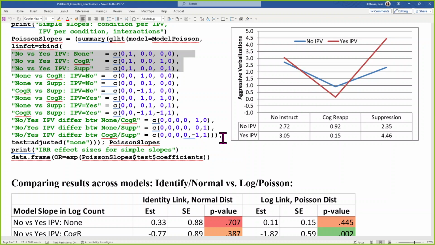The first one. So as a general rule, if you're asking for any kind of comparison or slope that relates to a reference group, it is already in your model. If you're asking for any kind of comparison between alternative groups or simple slopes of some predictor for an alternative group, you've got to ask for that.